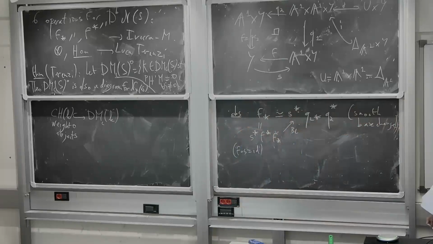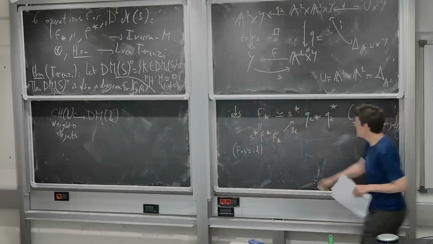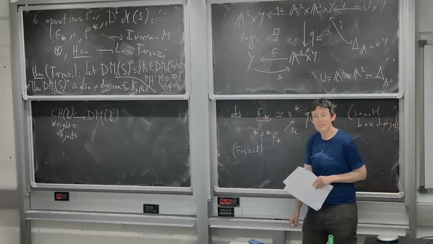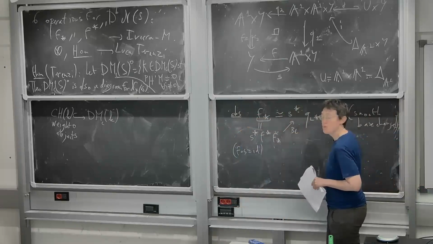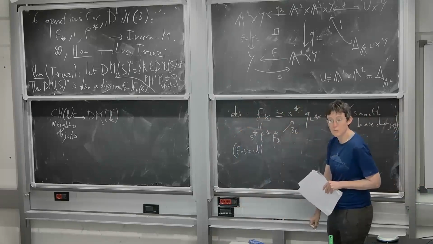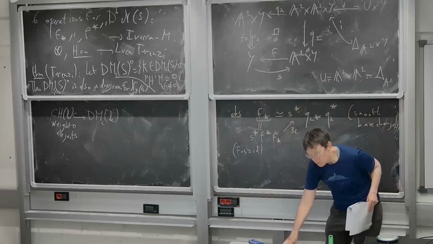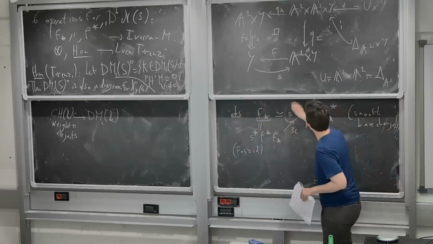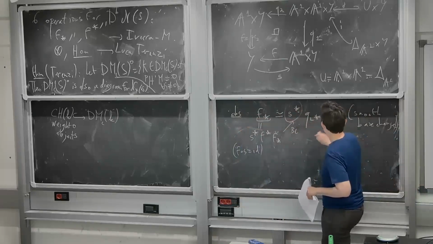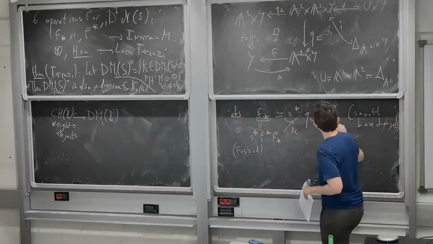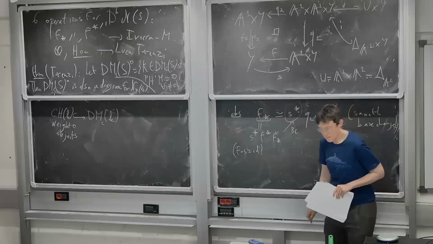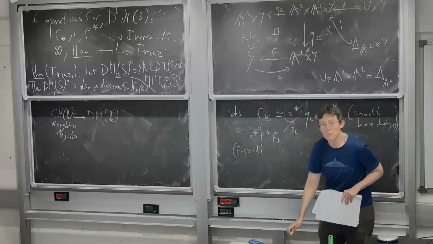Okay, so you have this. So now this thing that you're trying to construct should be the composition of these three functors. Okay, but these two functors, this one and this one, are already okay, right? Because S is a closed immersion.